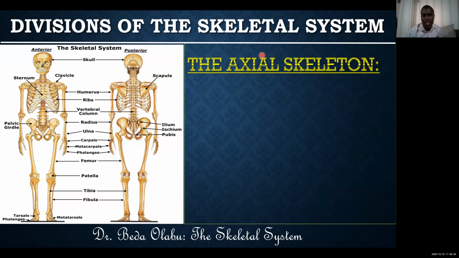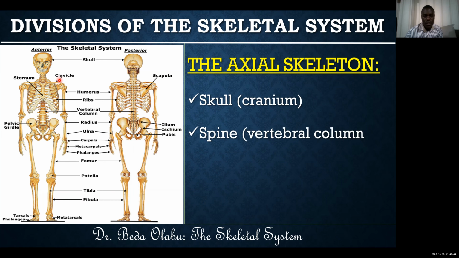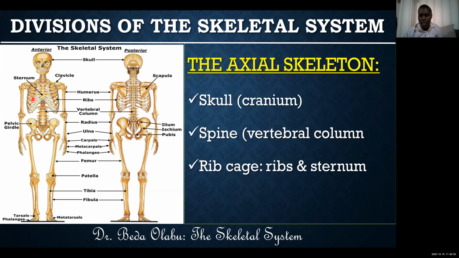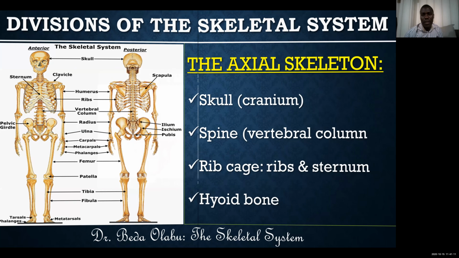It includes the skull, the vertebral column, the rib cage, and lastly, a tiny bone usually located in the neck, which we call the hyoid bone. Let's look at these 4 categories of bones one by one.